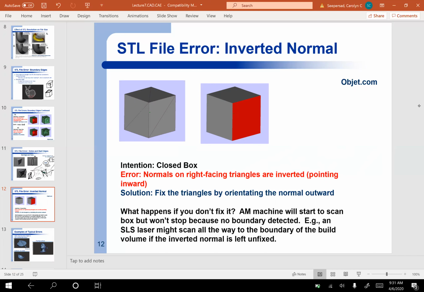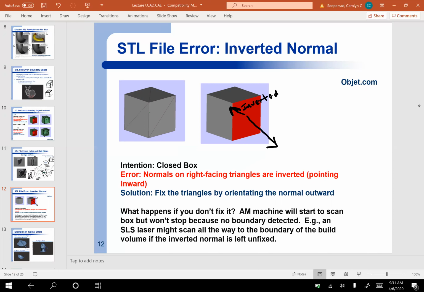So in this case, the normal of this particular face should be pointing outward, right? Orthogonal to that surface. If instead it's pointing inward, that would be what's called an inverted normal. And what happens if you don't fix it? Again, the additive machine will start to scan the box, but it won't stop because it doesn't detect the boundary.